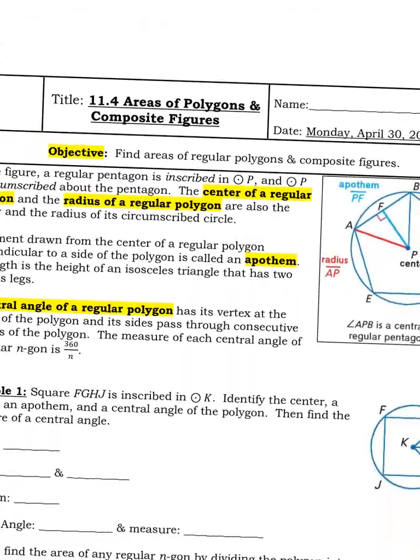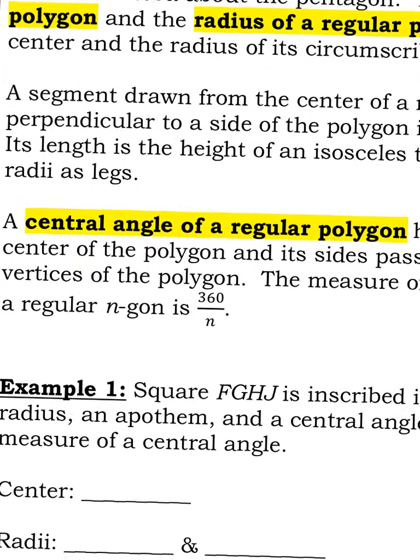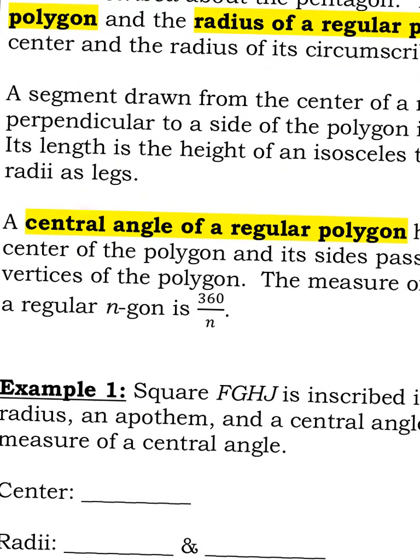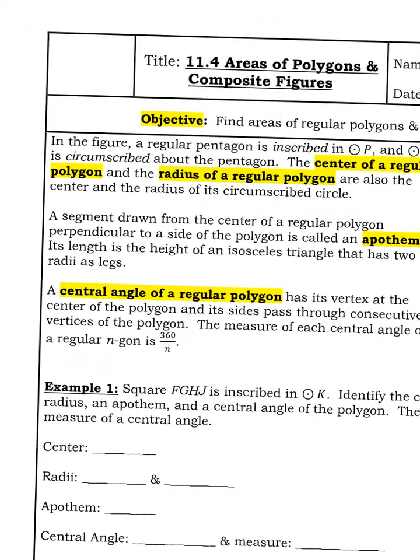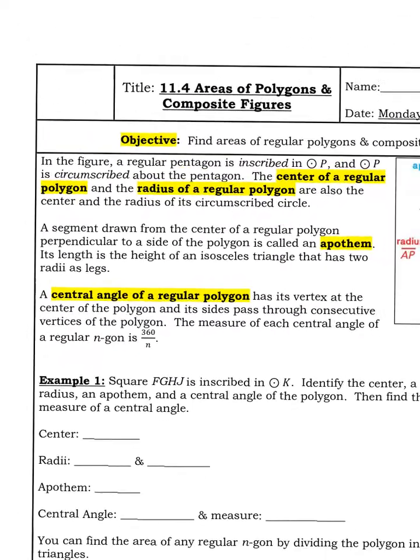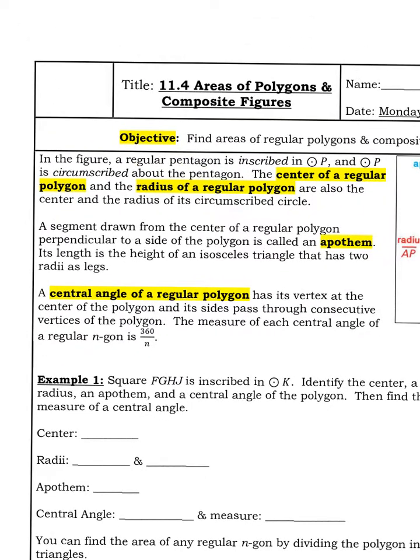So the next thing to go over is the central angle. In the next video, I'm going to make 2 videos over this section. I'm going to talk a lot more about central angles. But for right now, you just need to know this. The measure of each angle of a regular polygon is 360 divided by n.